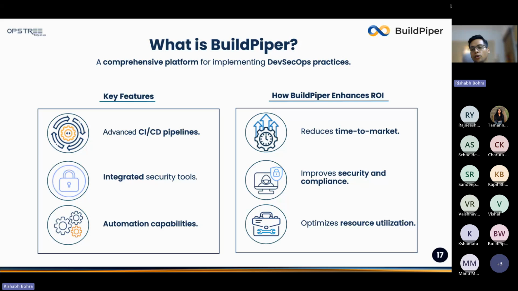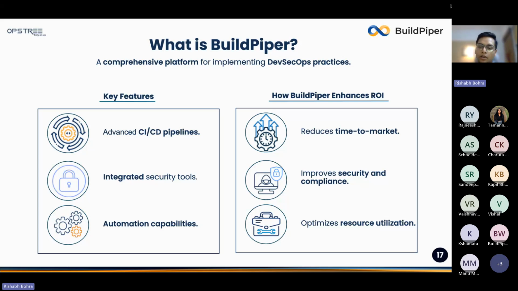And then BuildPiper also optimizes the resource utilization, because the platform is based on a containerized architecture where there is no hard coding in terms of the agents or the components or the jobs that are going to be running. It is completely flexible because it is powered by containerization.